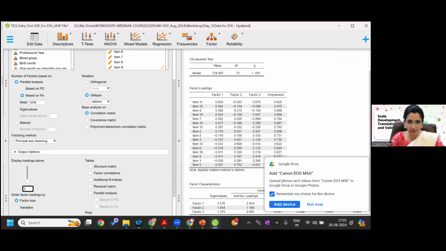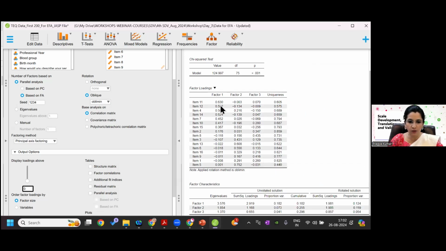Oh, it has disappeared. I don't want to change the screen because otherwise time is already less. But can you recall what the equation will be? Item 11 will be lambda 1 F1 plus lambda 2 F2 plus lambda 3 F3 plus error. The equation of item 11.